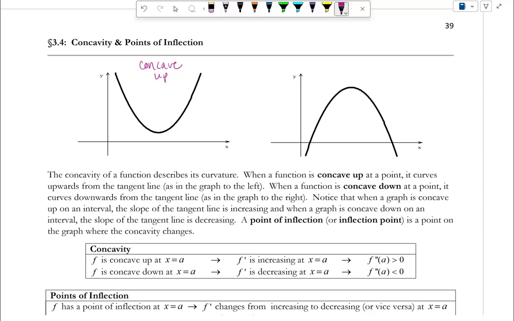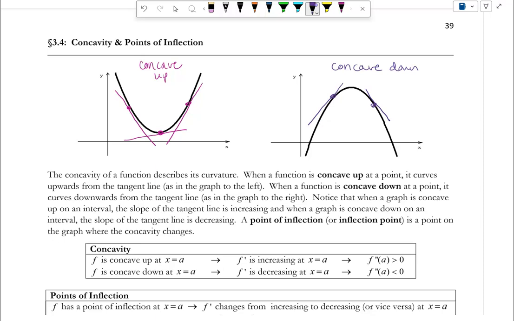If you can imagine on this graph, anywhere that I have a tangent line, the graph curves upward away from the tangent line, and the tangent line is always below the graph. Similarly, when a function is concave down, it's going to curve down away from the tangent line, no matter where I draw it.